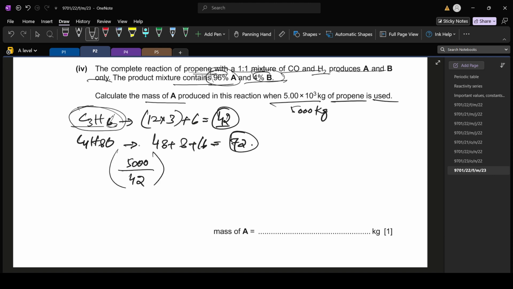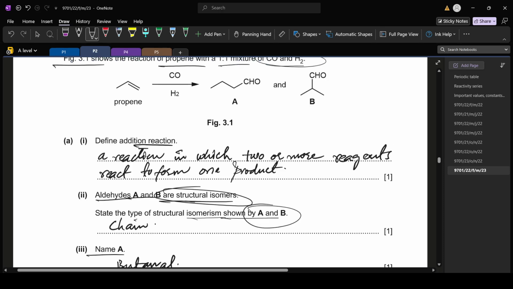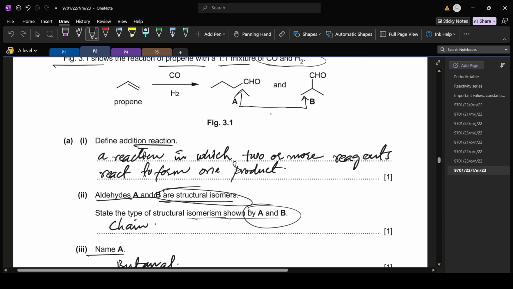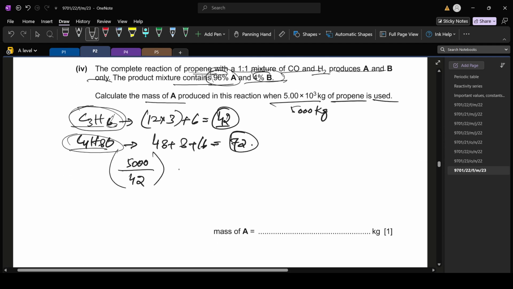Now these will also be the moles of this C4H8O, because this is the only product. Although A and B are in proportions of 96 and 4, they both have the same molecular formula, C4H8O. So the moles are the same.